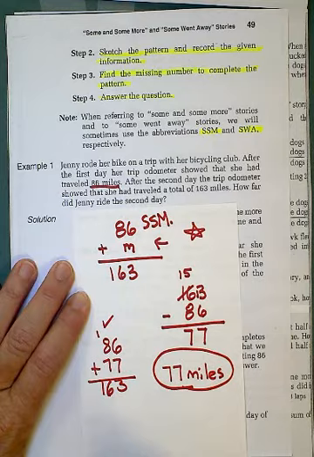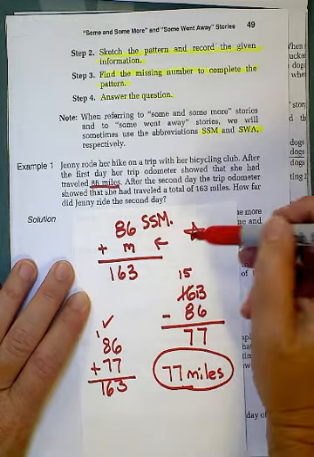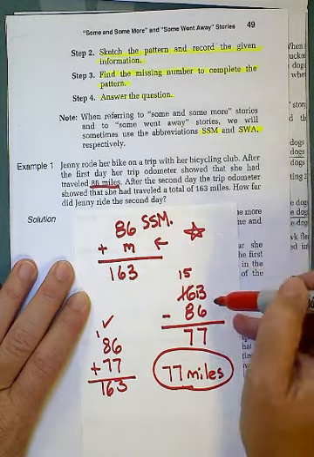I will at different times ask you to write the equation that matches the story problem. Kids sometimes get confused and hop right to step 3 without doing step 2.